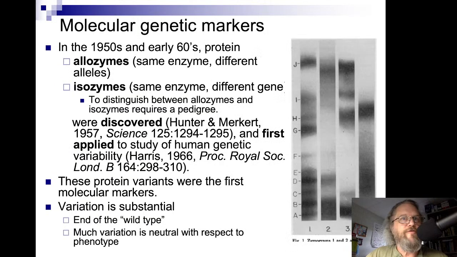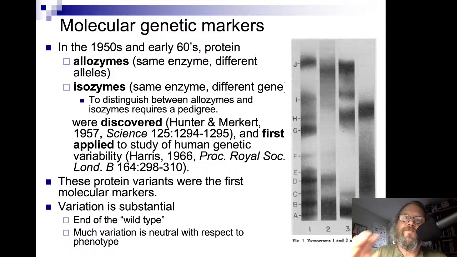Moving past phenotype and then cytogenetic markers, we have the first truly genetic markers, which are proteins. And so we'll talk about this more when we get into proteomics, and hopefully those of you who are taking your biochemistry classes will spend a lot of time thinking about this. So obviously there's thousands of different enzymes in us, okay?